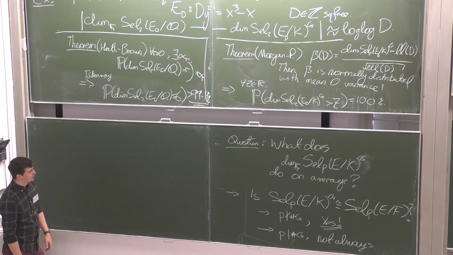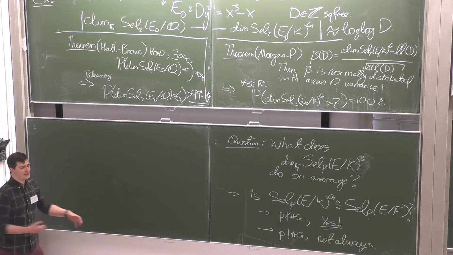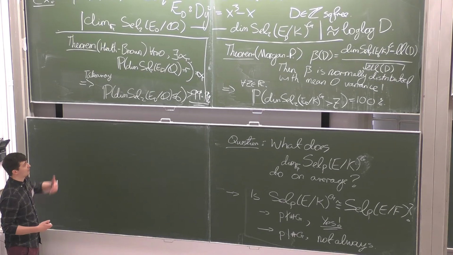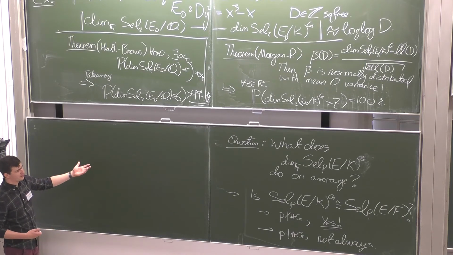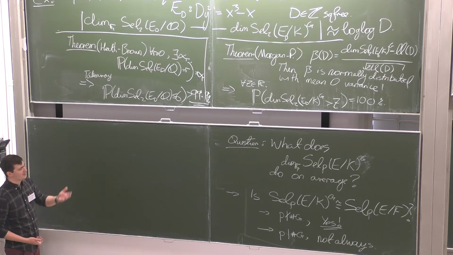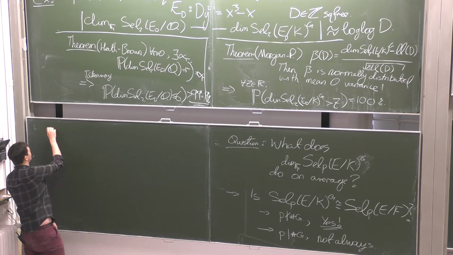Okay, so this whole board, I was stuffing a rabbit into a hat in front of you, because in fact, now if we talk not about congruent number curves and quadratic twist families, but we talk about all elliptic curves, then this growth behavior actually ends up being smoothed out.